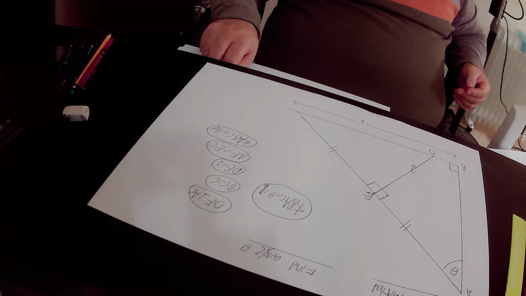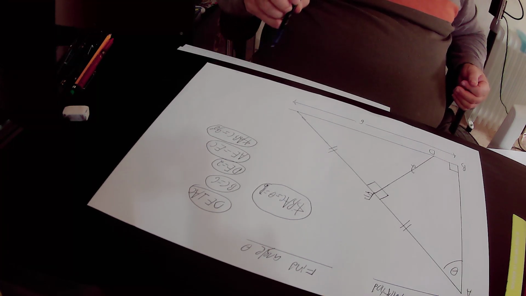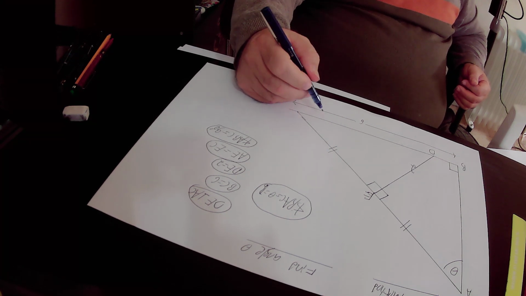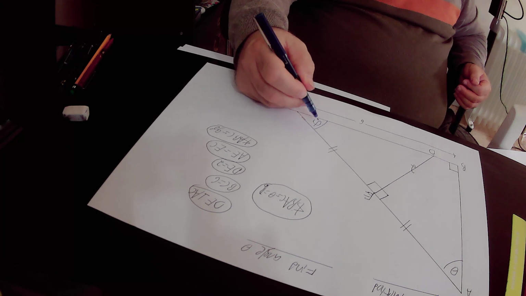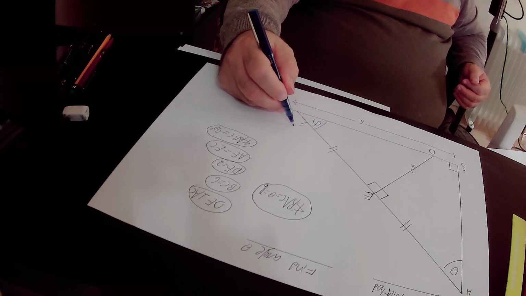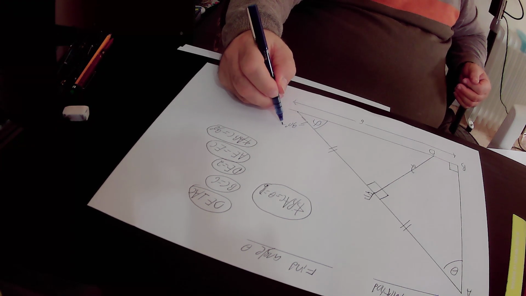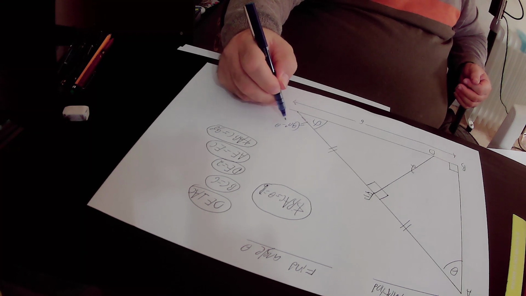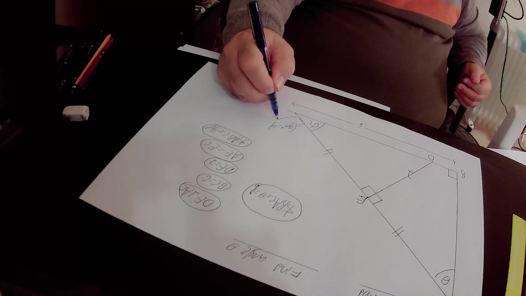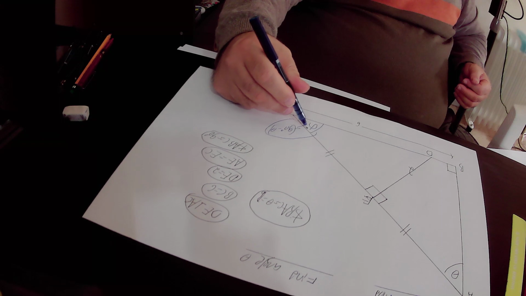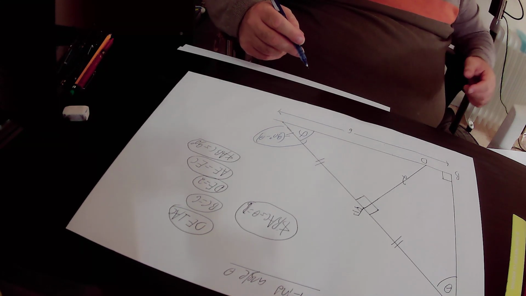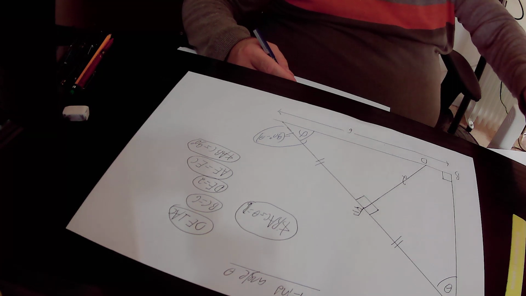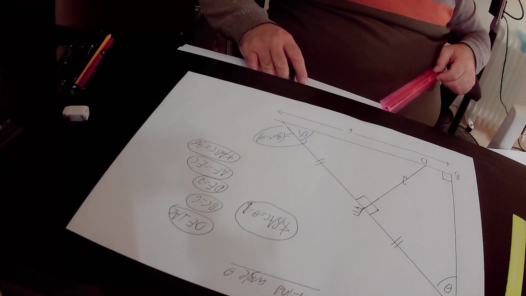In the second method, we define this angle as angle alpha as we did in the first method, and we have already found that alpha equals 90 degrees minus theta. So we will focus on the right triangle ABC. I will copy the right triangle ABC in the new page, and we will analyze it.